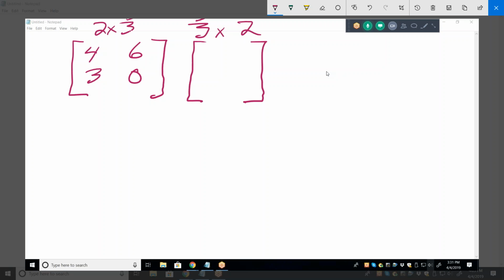Remember, it was A, B goes to the right, C goes below the A, D goes below the B. So I would guess that usually when you're talking about it, you want to go the same direction. And we got a third column on the first one. Yes, we have one more column. And so it's 4, 3, 6, 0, 10, 8.